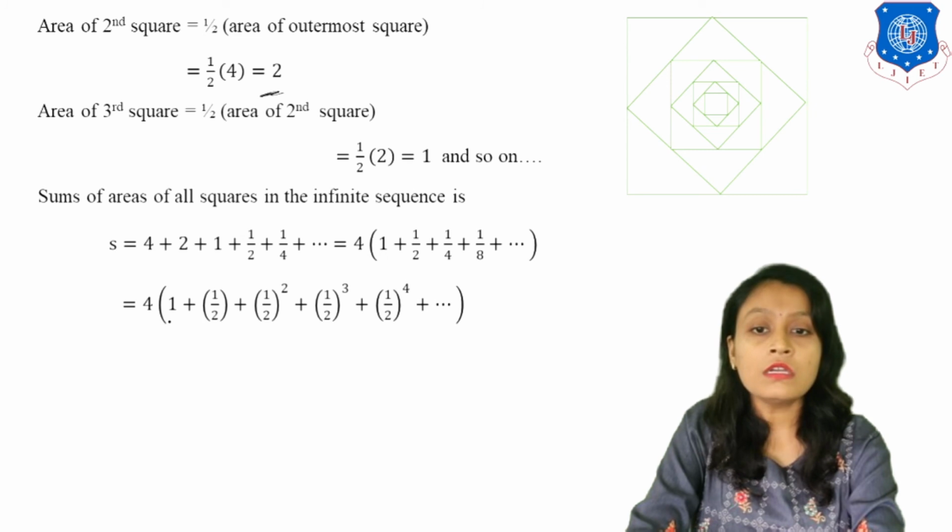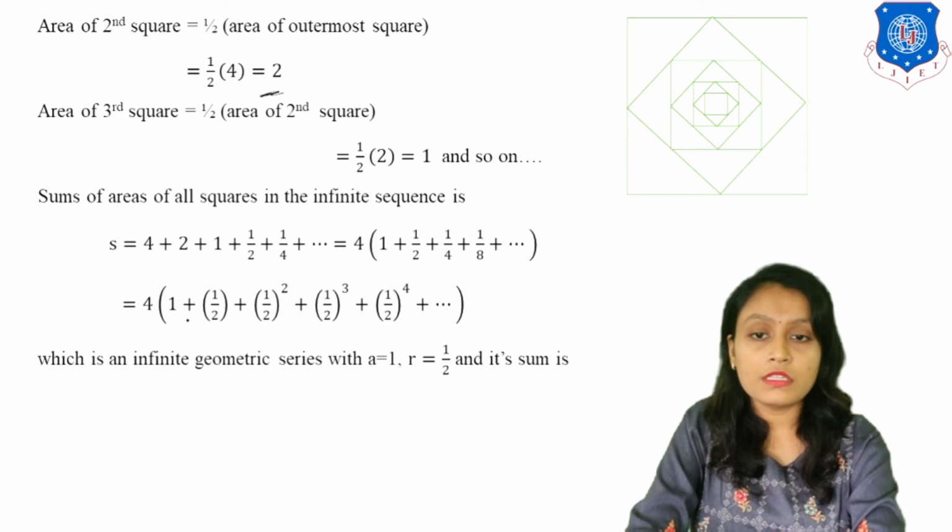So now this is a geometric series. We can write it like this: 1 plus 1 by 2 plus (1 by 2) whole square plus (1 by 2) whole cube and so on. So here the first term A is 1, R is 1 by 2, which is less than 1. Right. So it is convergent, so we can find its sum.